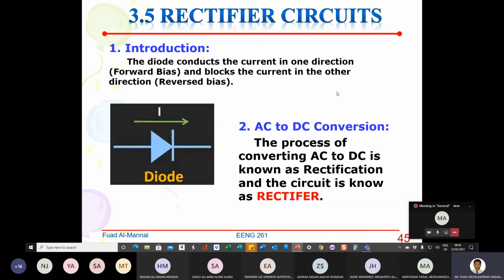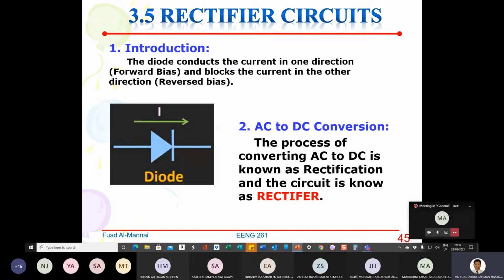As I explained before, the diode, as shown here on slide number 45, conducts the current in one direction, which means forward bias, and blocks the current in the other direction, reverse bias.